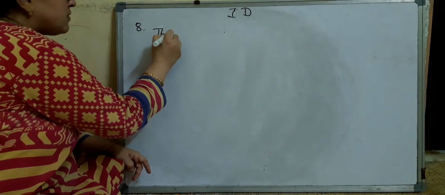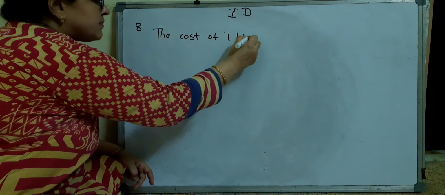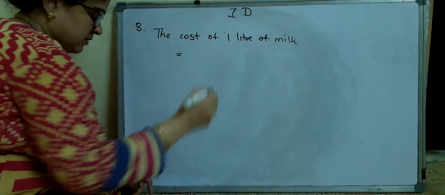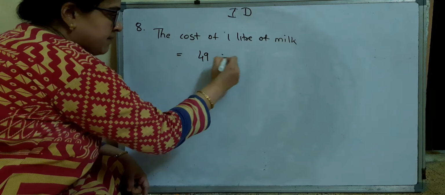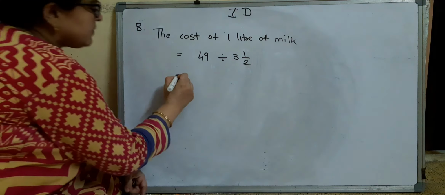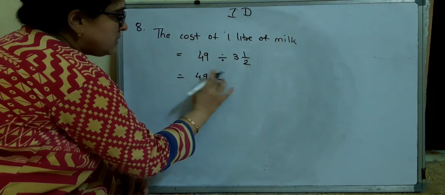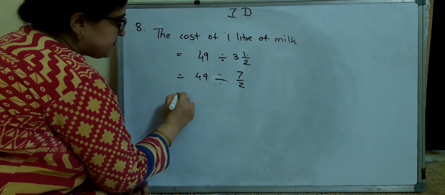The cost of 1 liter of milk is equal to 49, the total cost, divided by 3 1 upon 2. So 49 divided by: 2 threes are 6 plus 1, 7 upon 2.